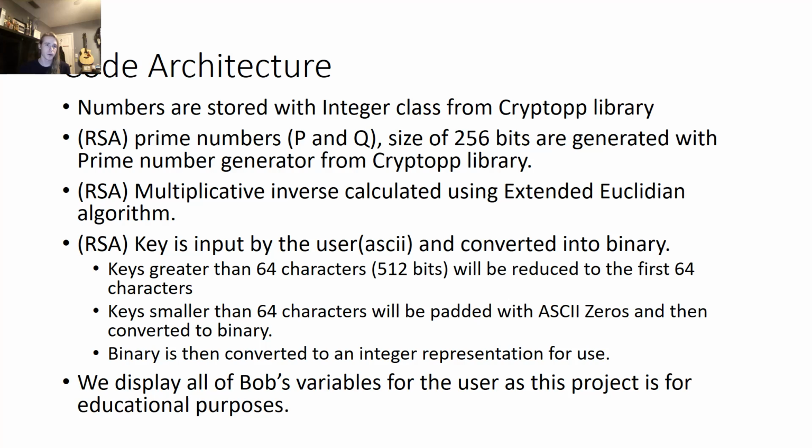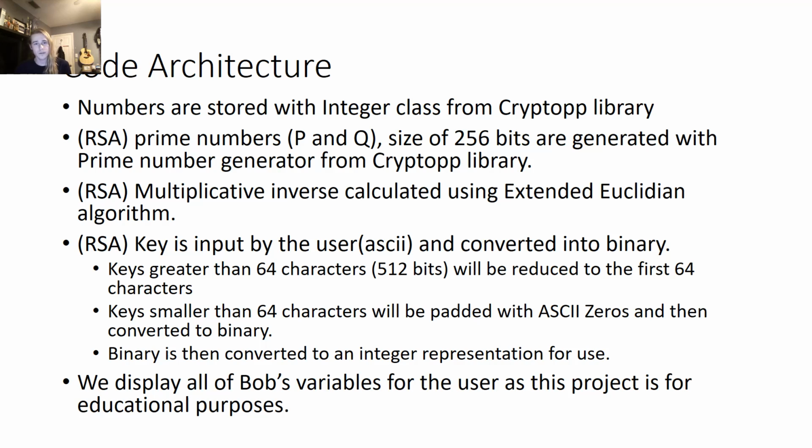So, code architecture. The numbers are stored with the integer class from the CryptoPP library, just standard. Our prime numbers, P and Q, are of size 256 bits, so we get a 512-bit integer, and these are generated with the CryptoPP library, so I did not do a primality test to check that these are prime, as this is going to return a prime number every time.